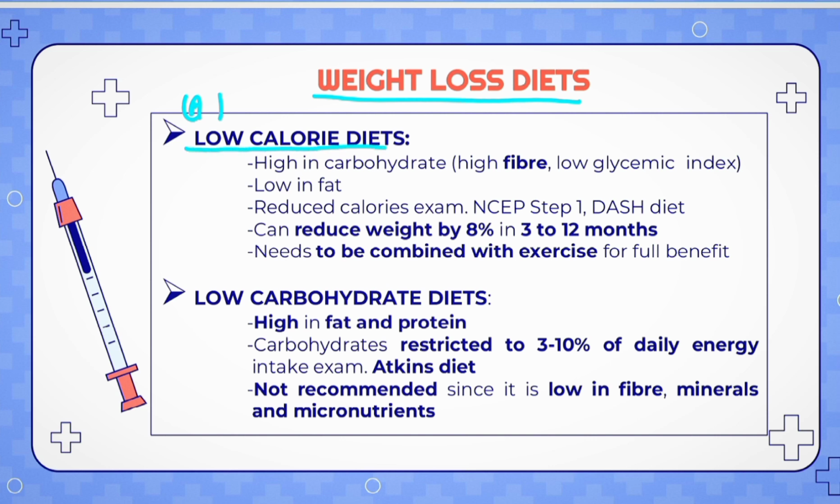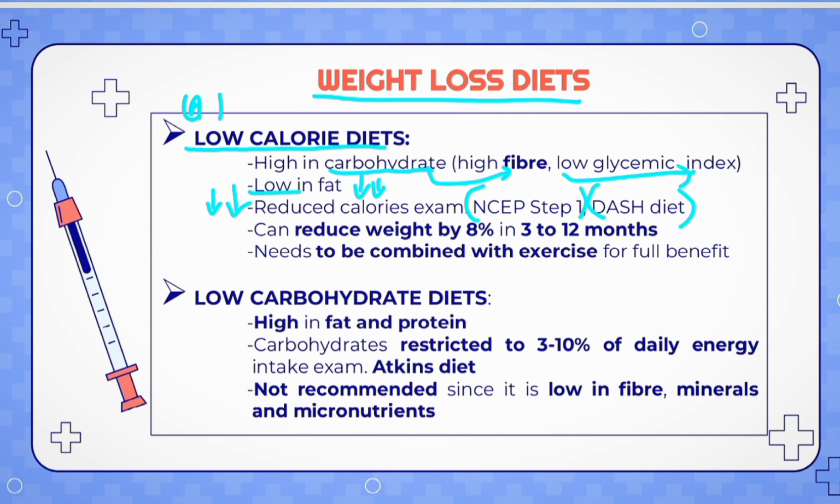These low calorie diets are high in carbohydrate. These are carbohydrates having high fiber and low glycemic index. This kind of diet is low in fat, as well as being a low or reduced calorie diet, and a few examples of such low calorie diets are the NCEP Step 1 diet and the DASH diet.